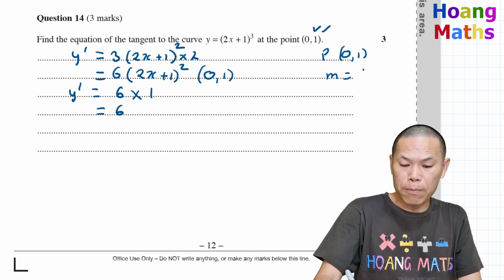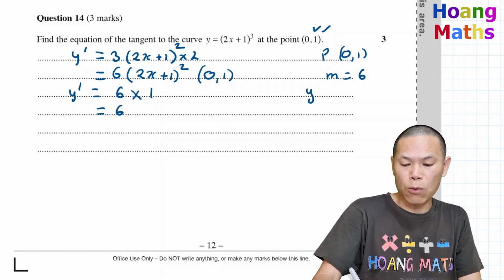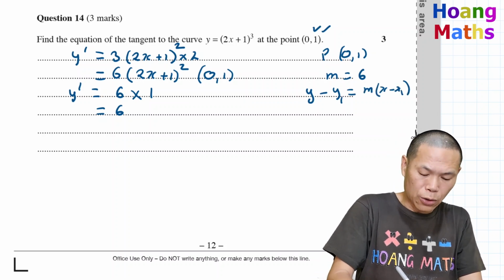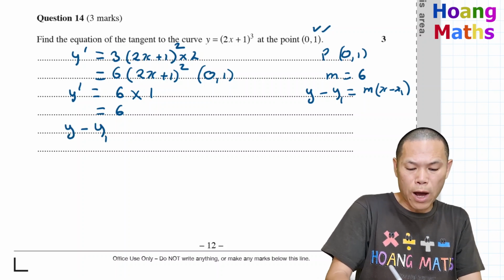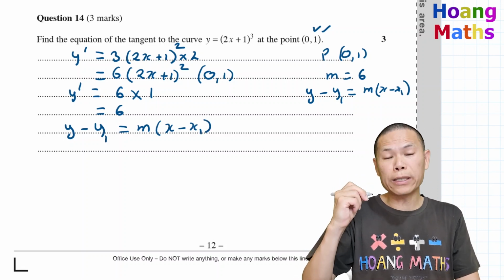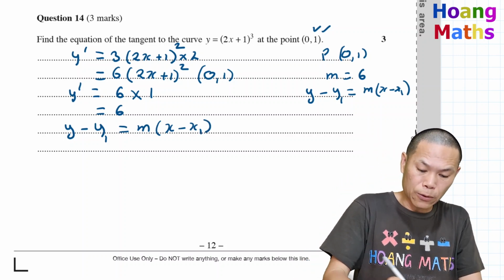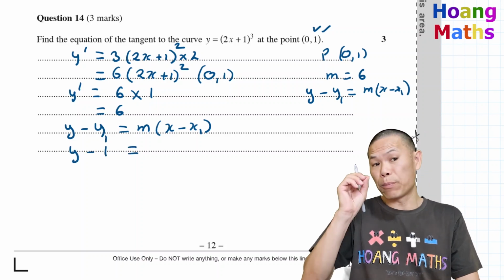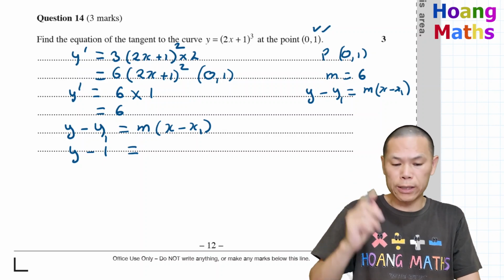So now m is 6. So we use this formula here: y minus y1 is m(x minus x1). So keep that in mind. At point (0, 1), the gradient is 6. So y minus 1, because when x is 0, y equals 1.